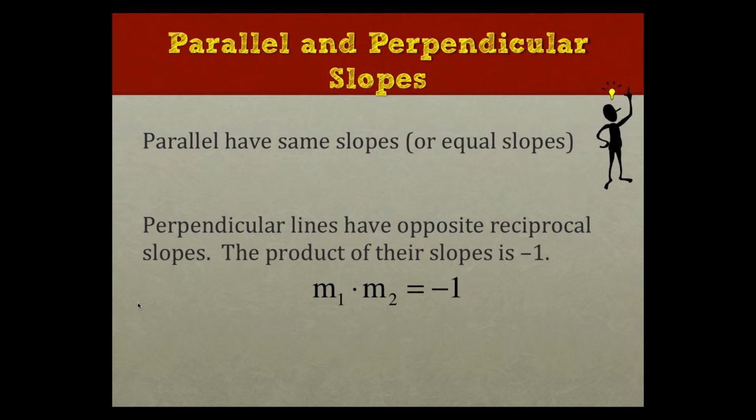If one is 2/3 and the other is -3/2, you can see it. But if you get bizarre fractions, multiply the two slopes together and check to see if their product is -1.